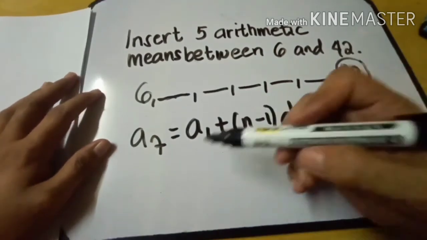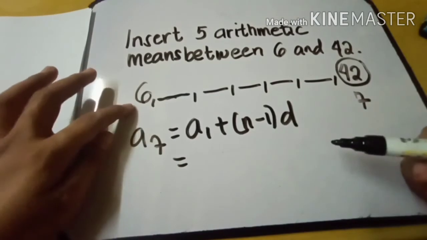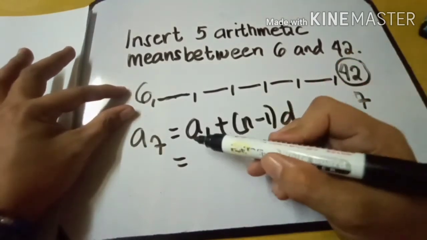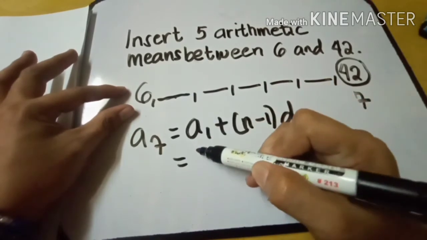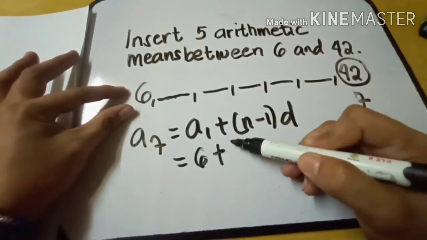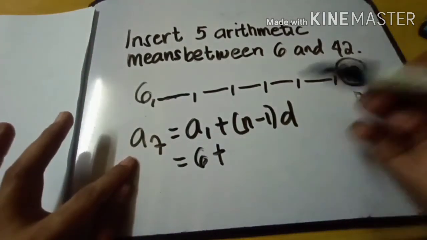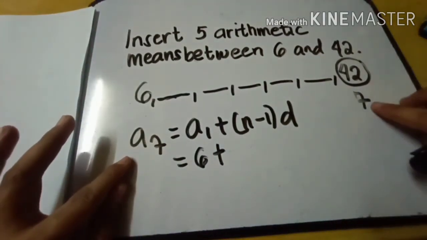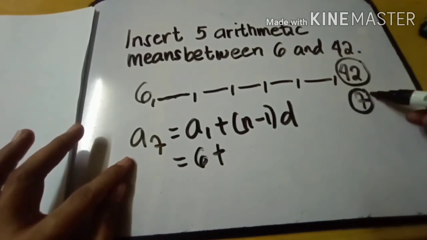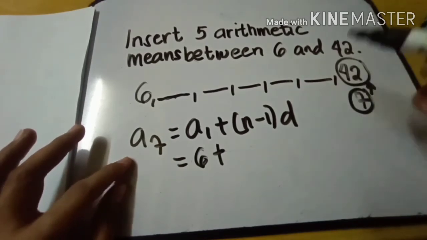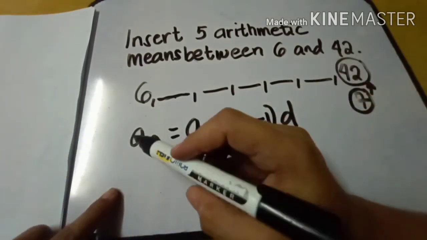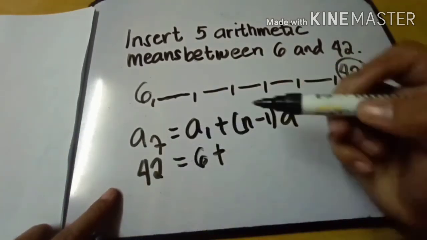And we have the first term, which is 6, so we substitute here 6 plus. Then our a sub n is also given. The 7th term is 42, so we substitute also here for a sub 7, 42.